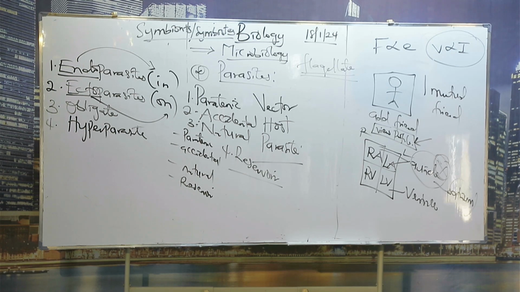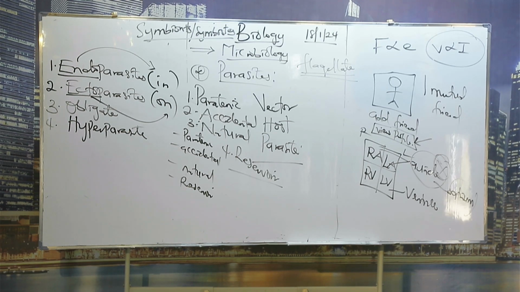Second host there, accidental host. From the word accident. This is a host that the parasite jams accidentally. The host is not the host for the parasite, but the parasite jams it accidentally and the parasite survives. The third one, natural host.